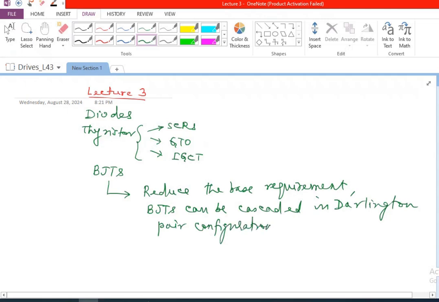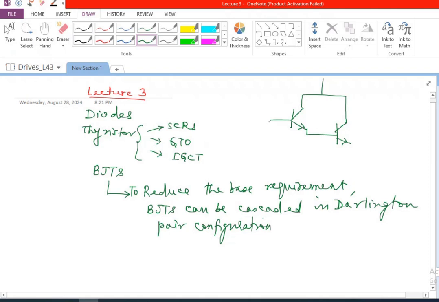So what we do in Darlington pair configuration is we will have one BJT connected like this, and its emitter will be connected to the base of the second BJT, and here these two collectors will be connected together.